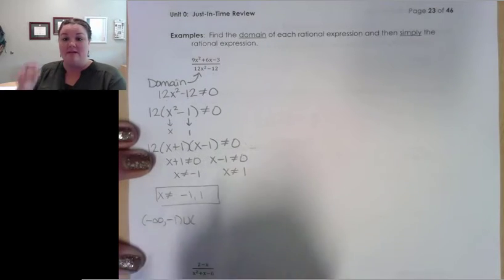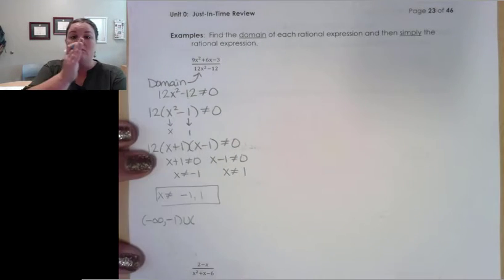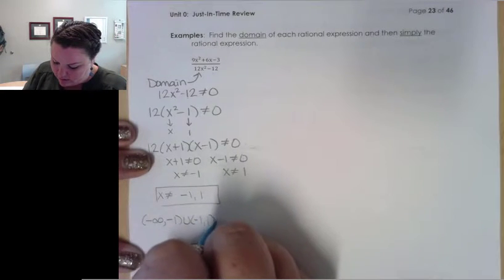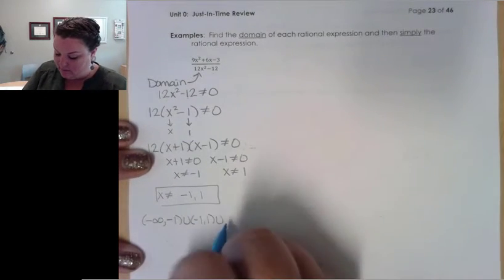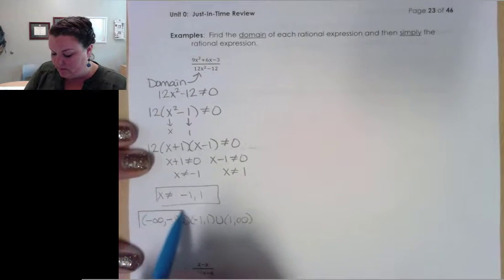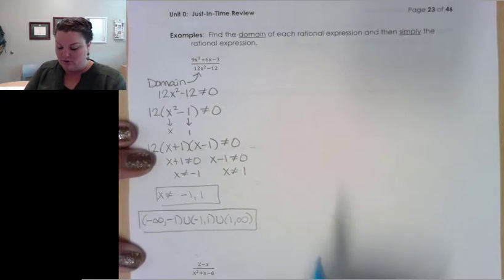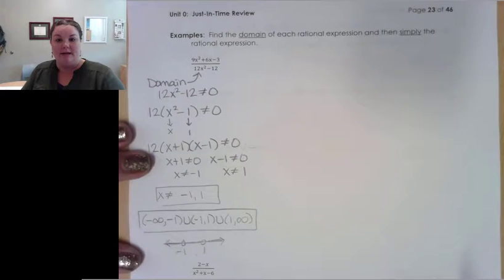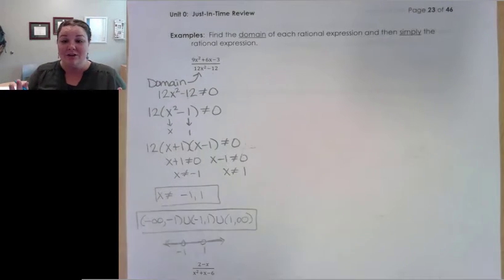And then from that first excluded value over to my next excluded value, so -1 to +1, or anything bigger than that other excluded value. And if it helps, you can draw the little number line with -1 and 1, and figure out what the intervals are in between and on either side of them. All right, so we have our domain.